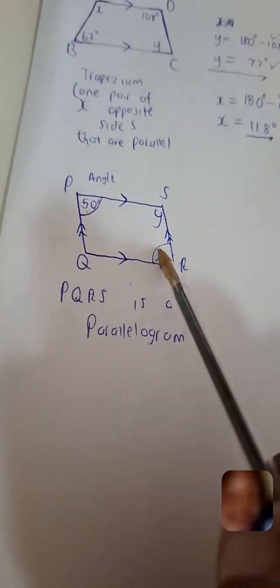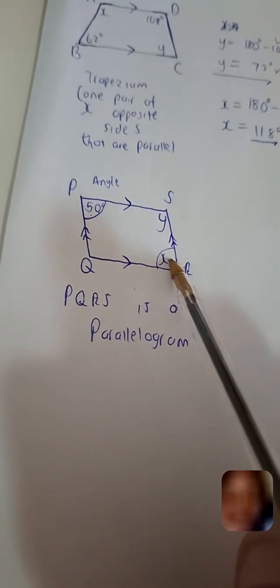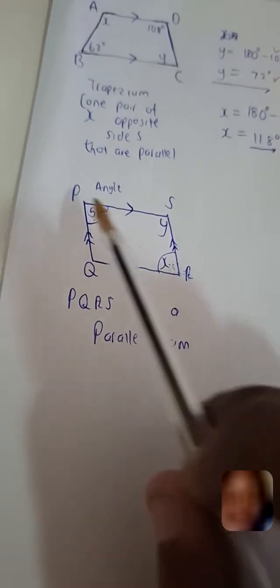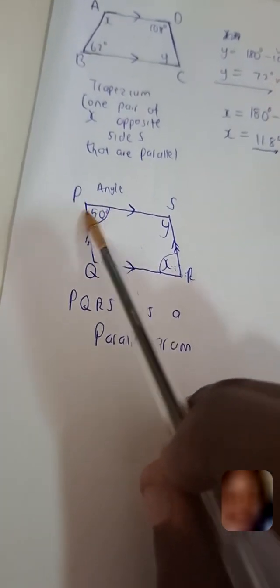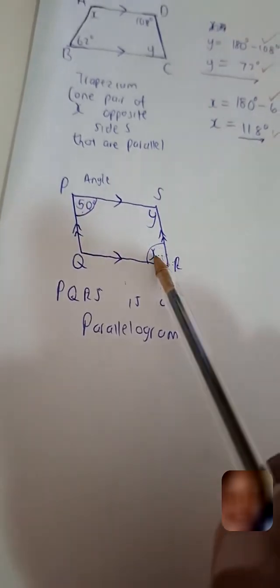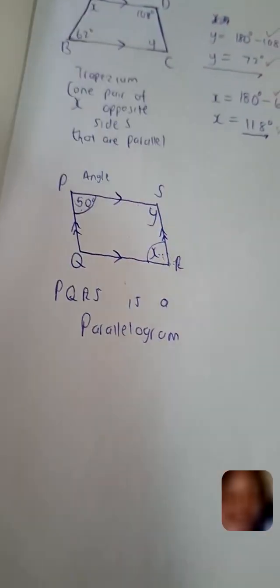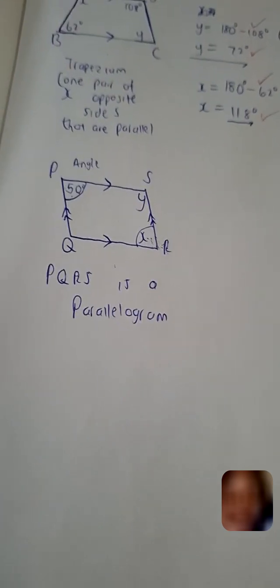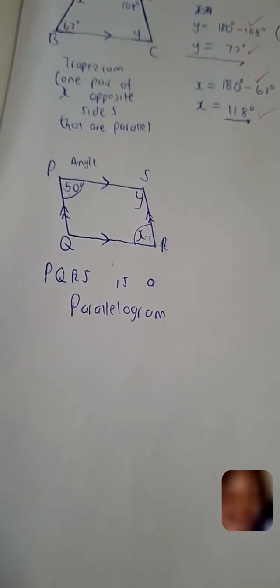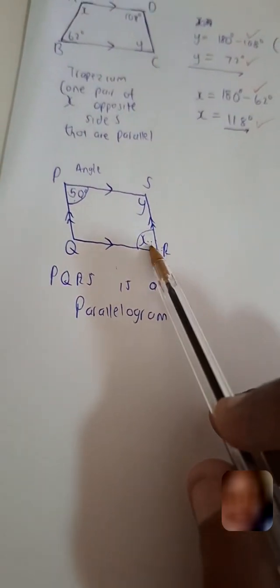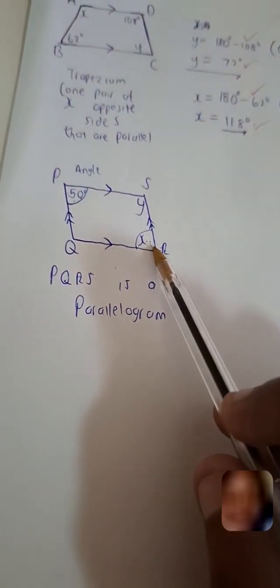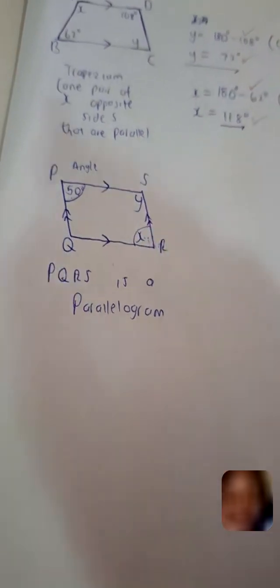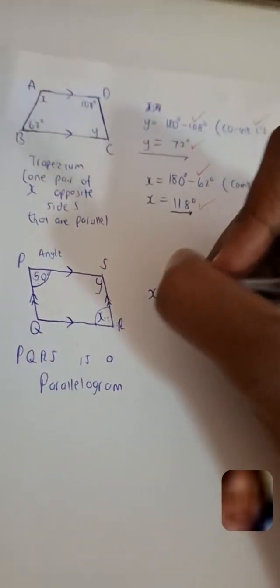So if we look at the angles, we want x. x is an angle. We are given angle P, which is 50 degrees. We want to check from our properties what property we would be using to support what we are going to say about x. So you're saying x is equal to what?